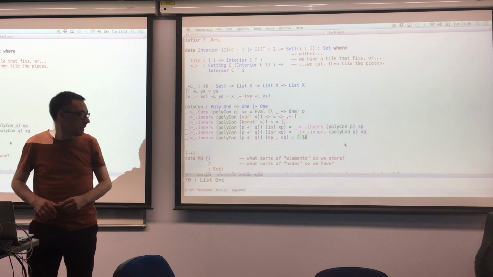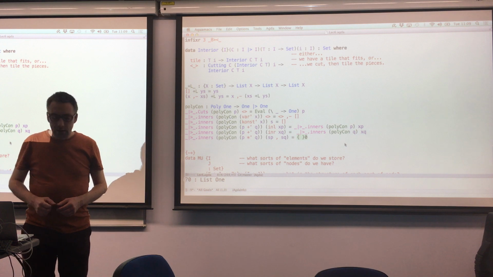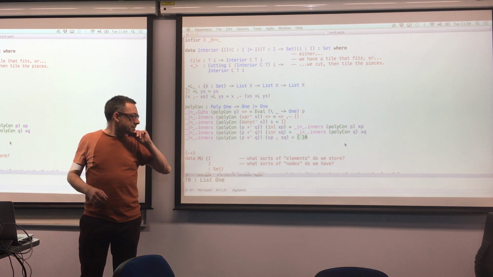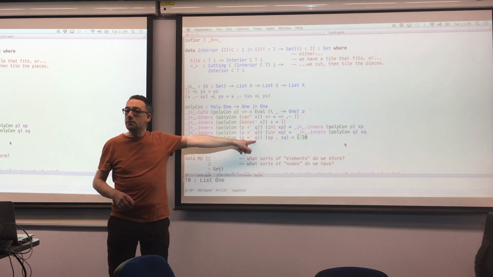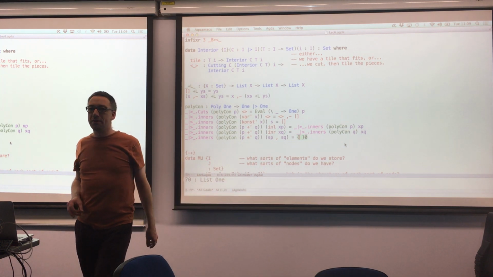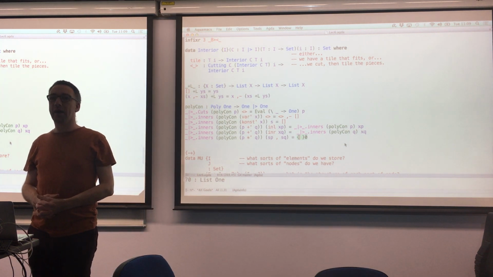Now, the key question is, what happens if the polynomial is a pair? What are the positions inside a pair?